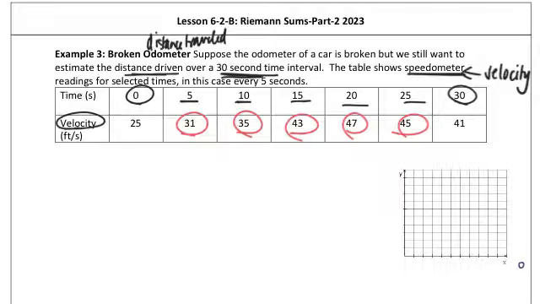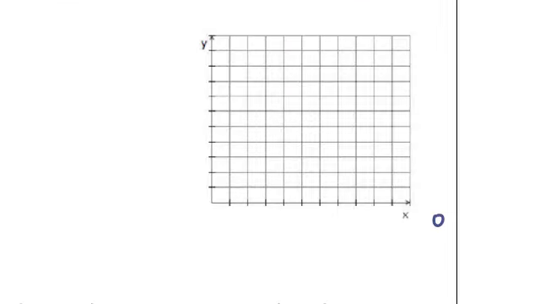So if you think about what's going on graphically, every 5 seconds we have a reading on this table: 5, 10, 15, 20, 25, and 30. And we're saying, okay, at time 0, I'm going at 25. I'll use 1 tick is 5 feet per second, so 25. And then at 5 seconds, I'm going at 31, right?